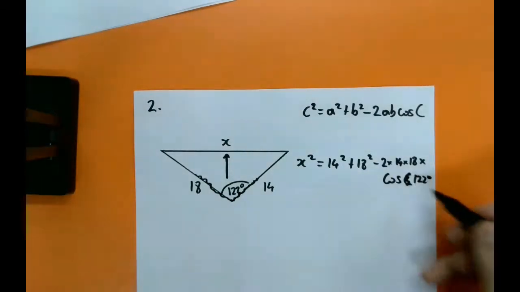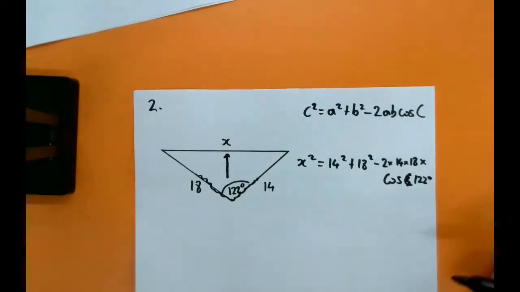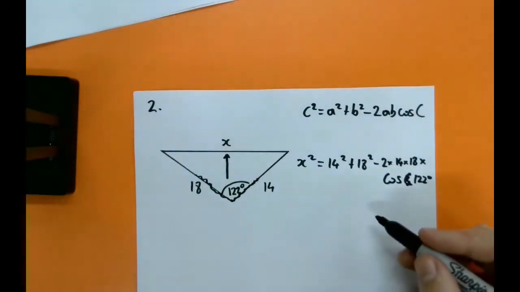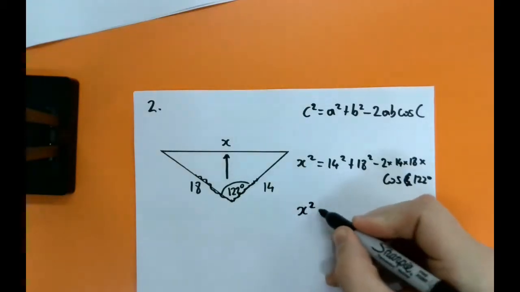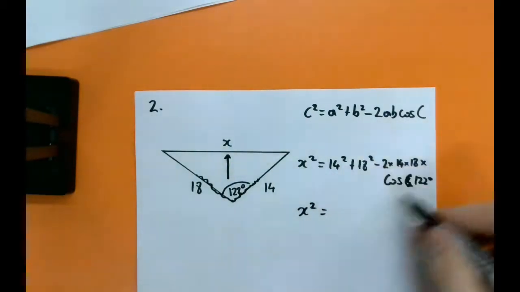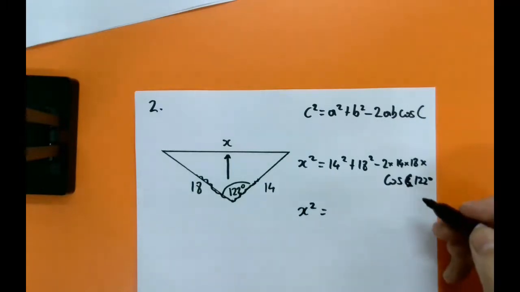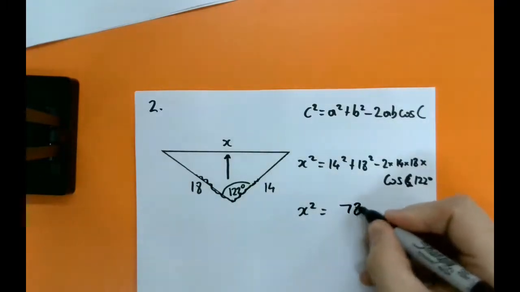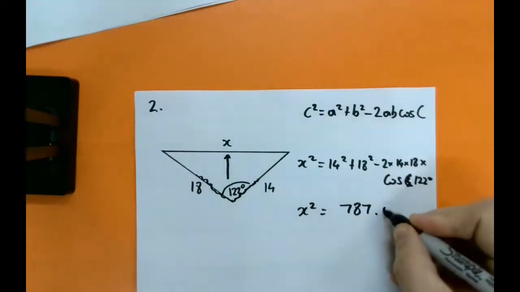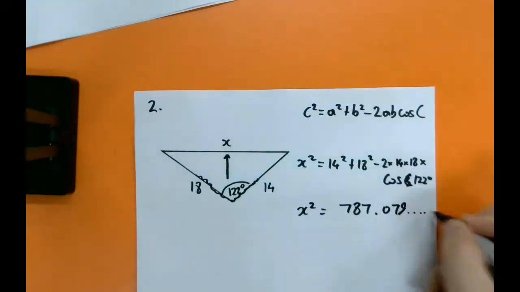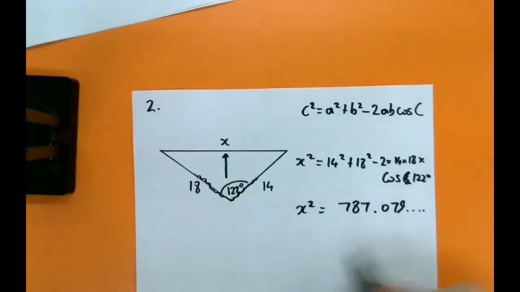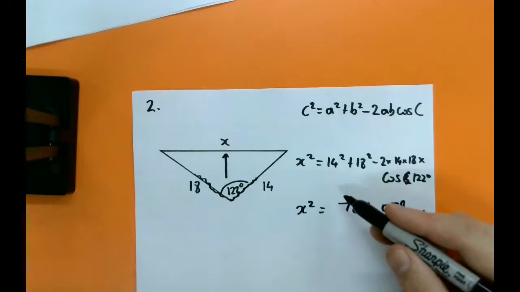I apologise for that mistake there. We're going to enter this in on our calculator again, and you should end up with this mess over on this side, trimming down to be 787.079, continuing on as decimal. Again, this now becomes the case where you square root your answer.